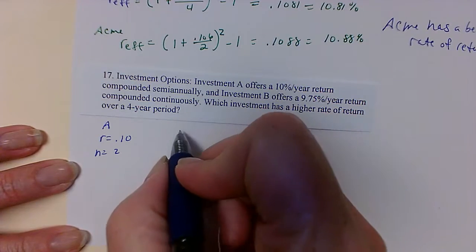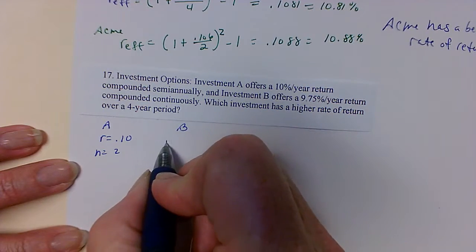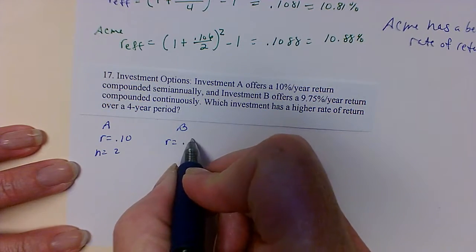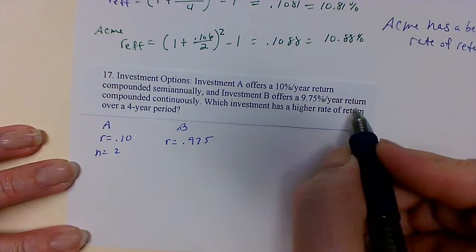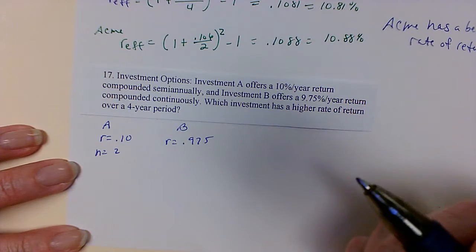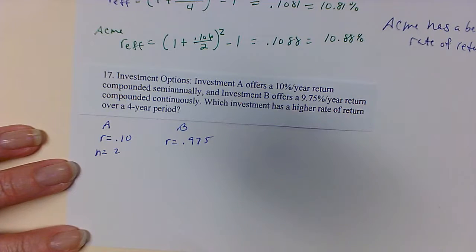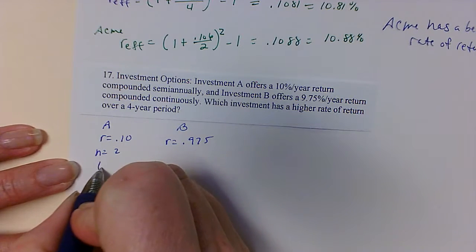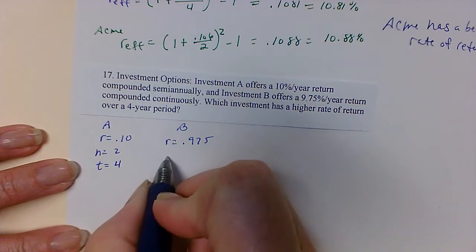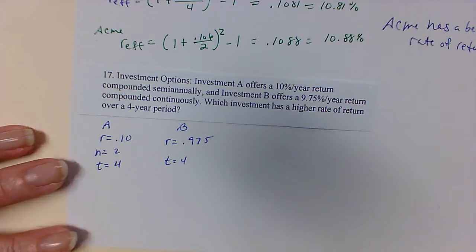When we look at B, the rate is equal to 0.975, and it is compounded continuously. Which investment has a higher rate of return over a 4-year period? So T is equal to 4 for both of these.